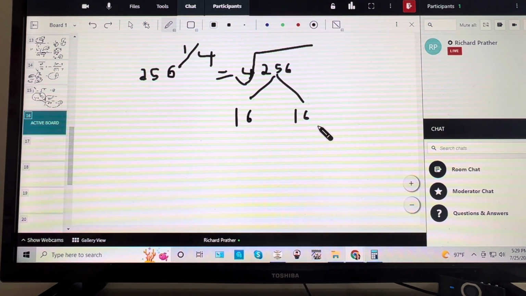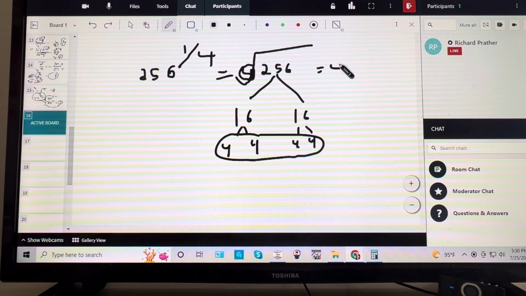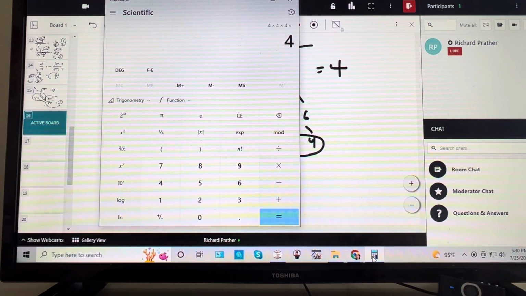That's fine if you don't. But if you did, then you could have 4 times 4 and 4 times 4. And even though those keep going, a 4th root means you need 4 of the same thing on the inside to have 1 on the outside. So the 4th root of 256 equals 4. Exactly, because 4 times 4 times 4 times 4 is 256.